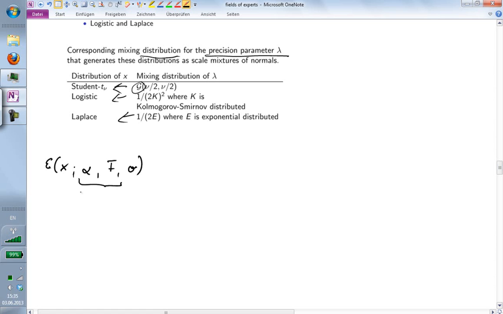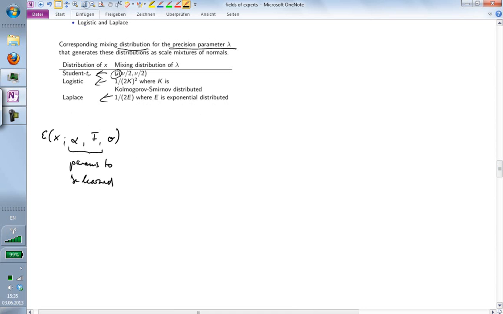The observations are given, but these are the parameters to be learned when you want to solve a concrete problem. Again, the first term here corresponds to a Gaussian likelihood. Now we have a summation over all pixels and a summation over all filters.